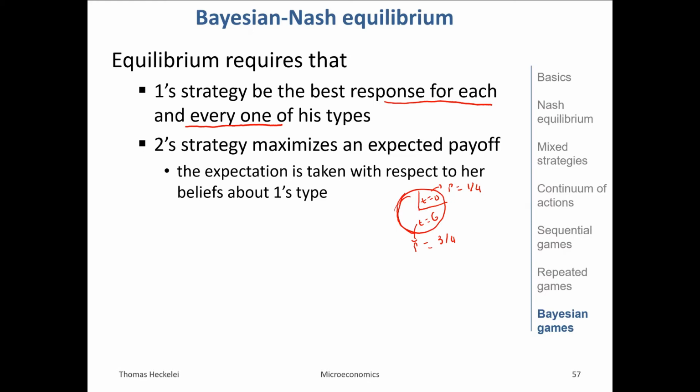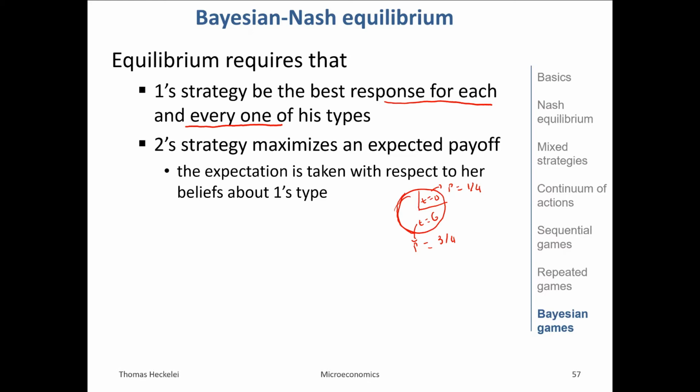That's called belief. And again, in this simple example, we assume that that's the true probability distribution. So that means the first player and the second player all agreed on that.